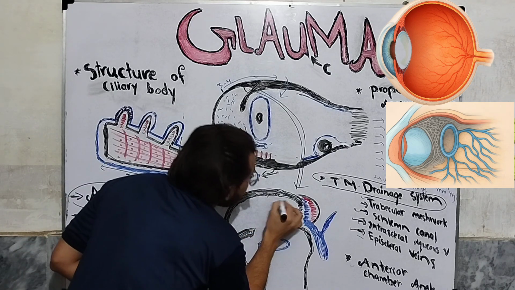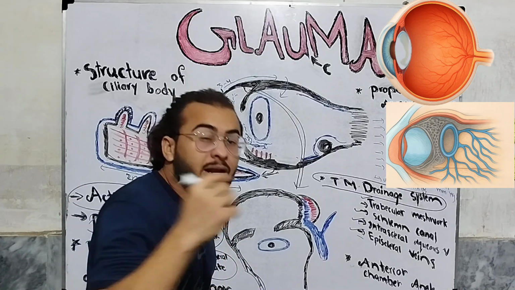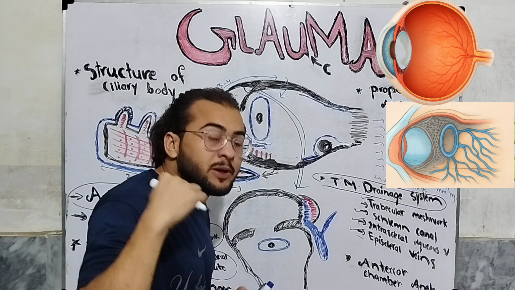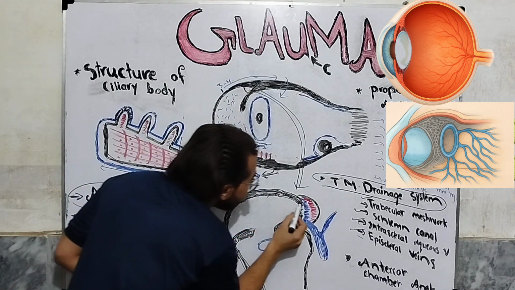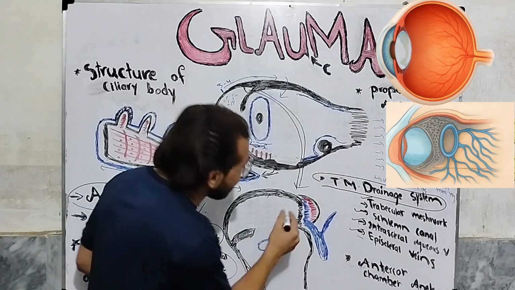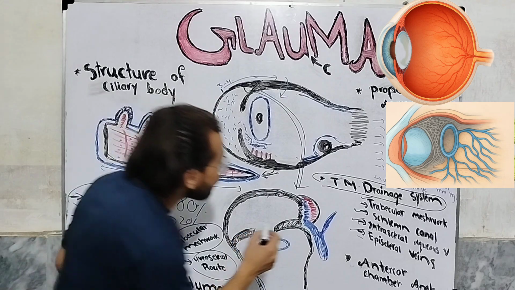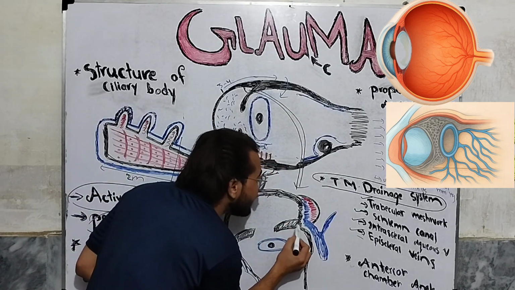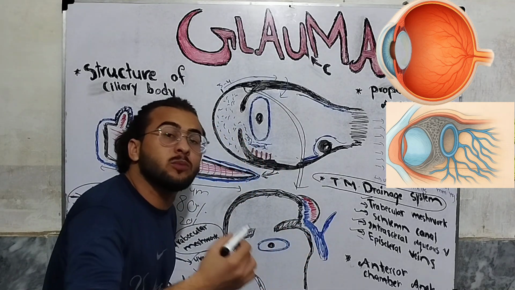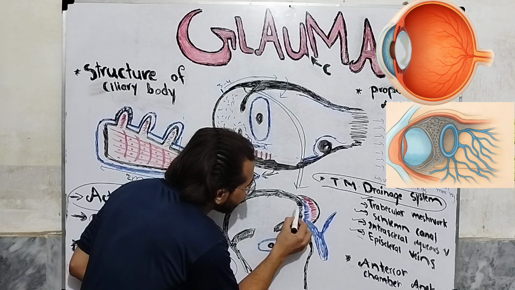The corneal Descemet membrane, as we discussed previously in the chapter on cornea, terminates in a prominent line in this region, which is called Schwalbe's line. So from the anterior part of the ciliary body to Schwalbe's line, this is the uveal part.